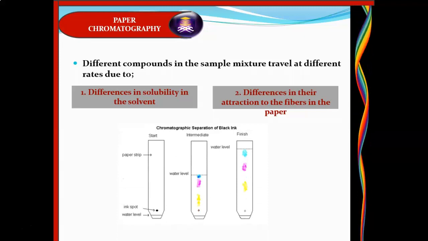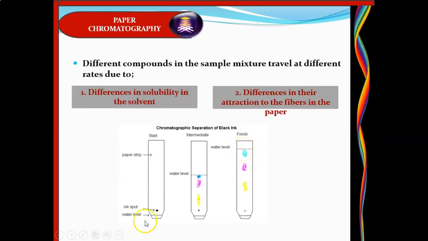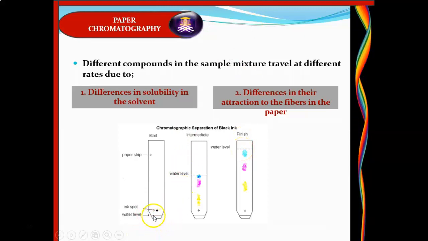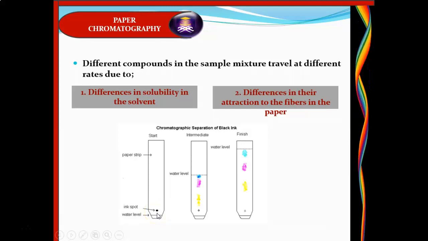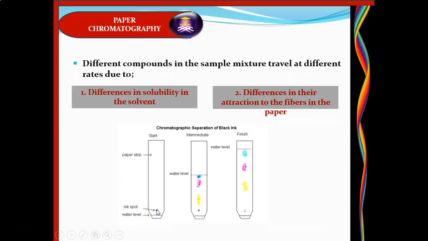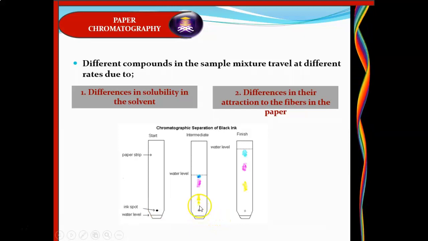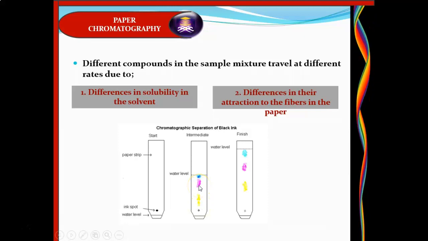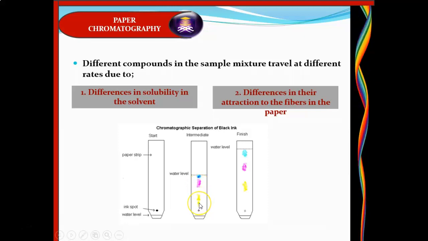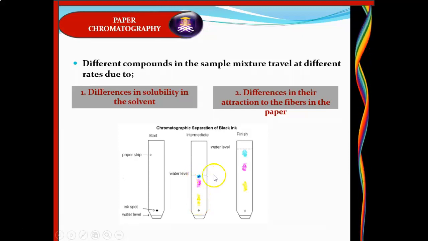If we can see here, the ink spot contains only one dot of black ink. After it is immersed in the solvent, the black spot will separate into three colors, three compounds actually. It will separate into yellow, pink, and blue.